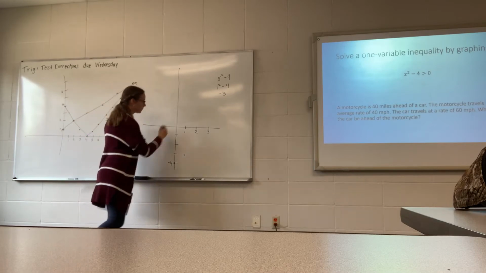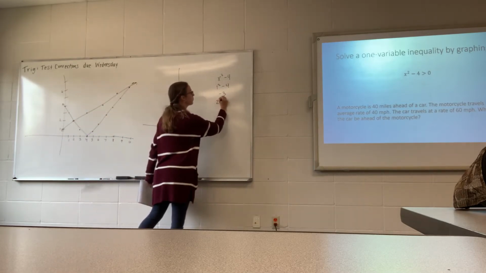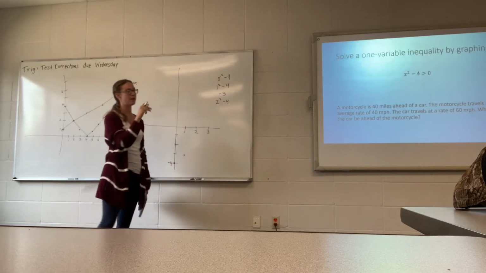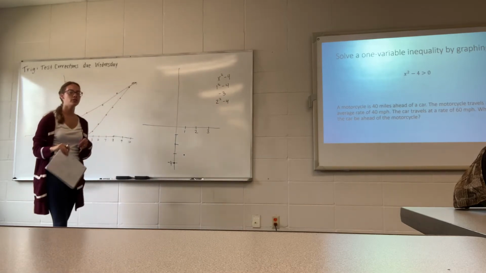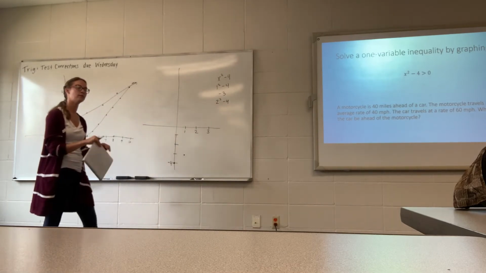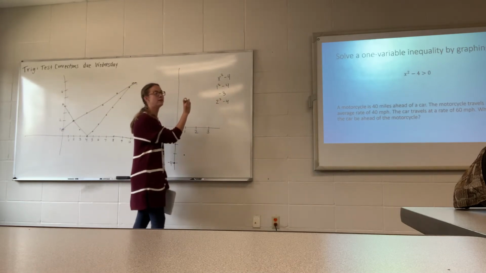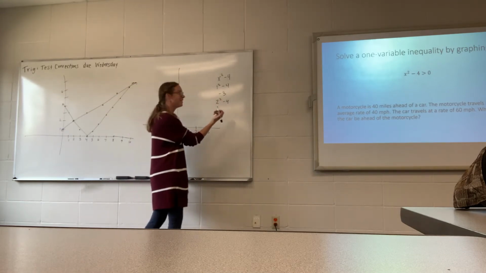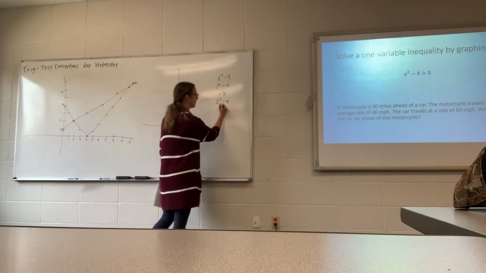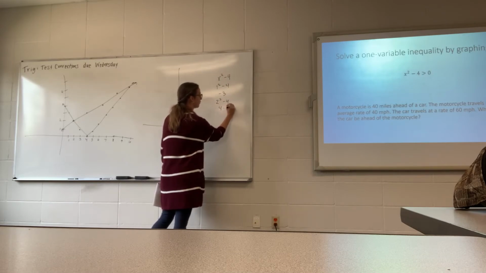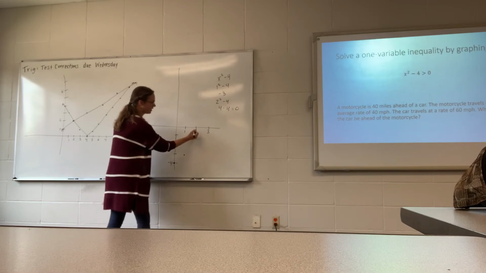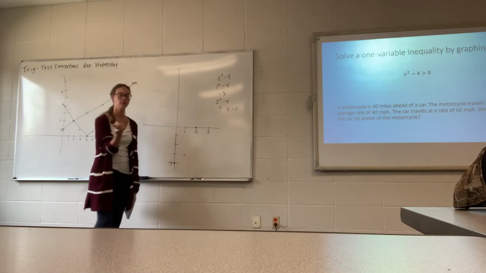Let's put 2 in. I'd have 2 squared minus 4, which, Allison, what's that gonna give me? Yep, 4 minus 4, which would be 0. So over here, I'd be at 2, 0.